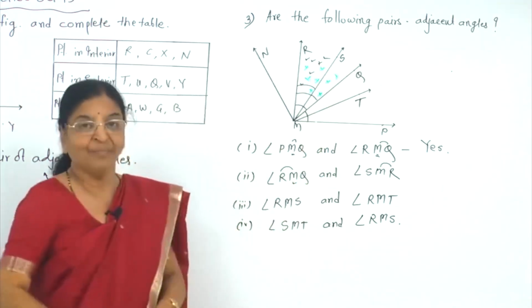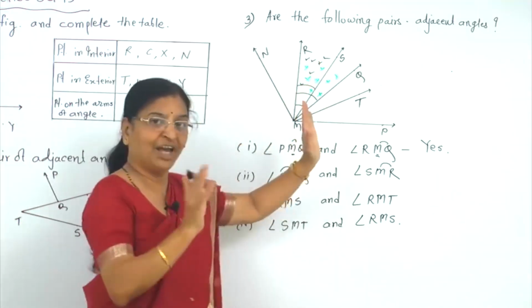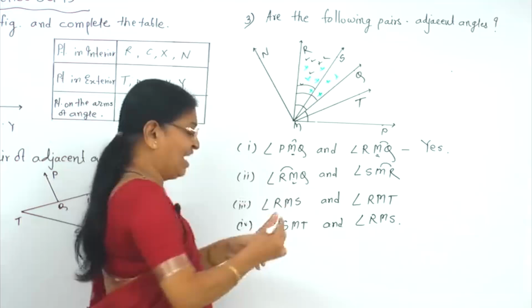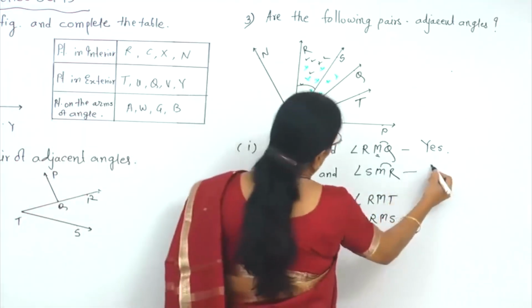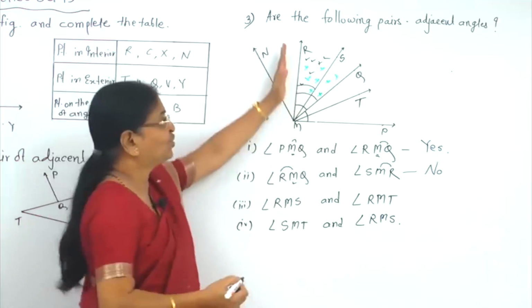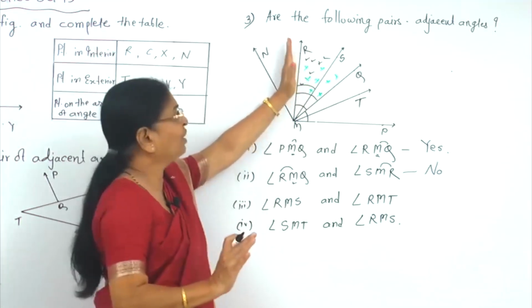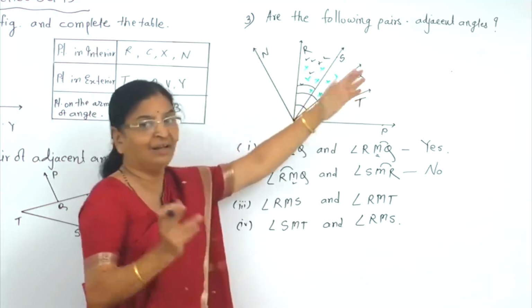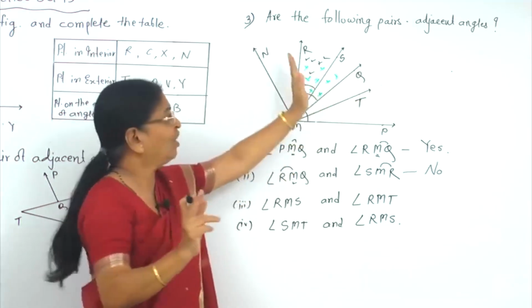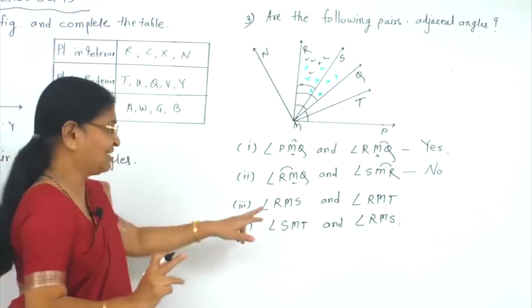Now you can see that this is the side which is shared by both interiors, and so I will say no, these are not adjacent angles. So I say MR is common, but on either side of MR there are no two arms; on the same side there are two arms, so they are not adjacent angles.